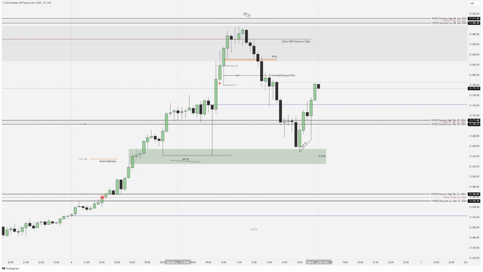Then you see a similar scenario where it finds initial resistance again at CE, retraces back down into a discount array on a lower time frame, then sends higher, or it drops down into CE and then again trades down into a discount array on a lower time frame and then expands higher and then comes back down into it and finds support again.